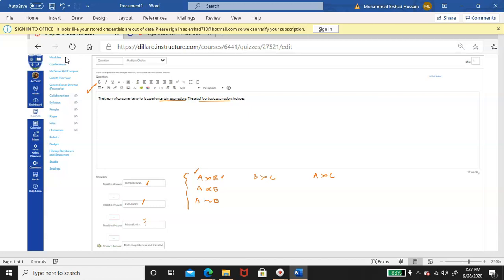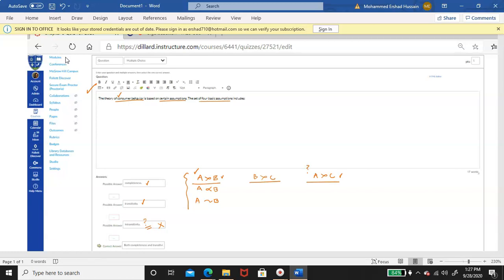But what about intransitive? Intransitive means that this does not apply. If A is preferred to B and B is preferred to C, this does not have to be true. That is what intransitive tells us, which is not acceptable in the theory of consumer behavior. We assume that transitivity holds, right?